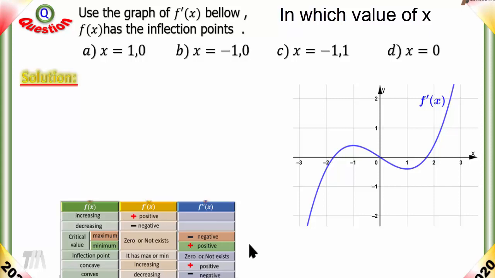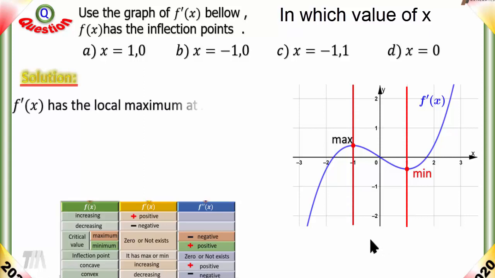Because the second derivative is 0 or does not exist, the first derivative must have a maximum or minimum point. As you can see here, the function f prime of x has two local extrema, one maximum and one minimum.